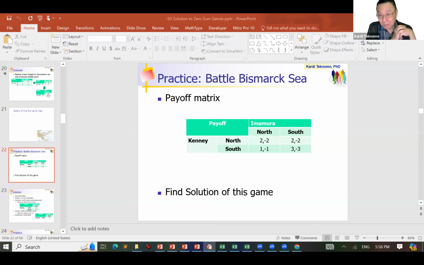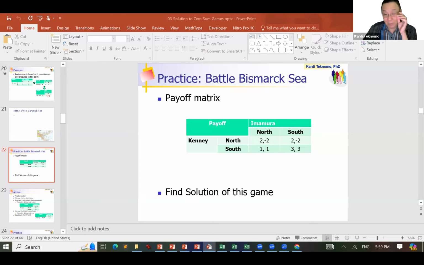My question to you: is this a zero-sum game or a non-zero-sum game?